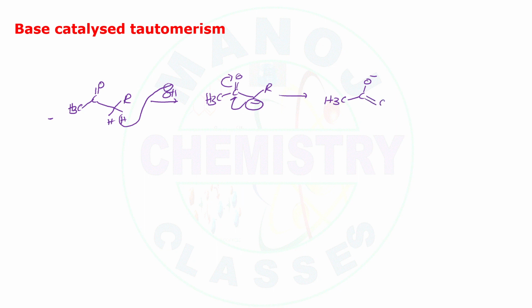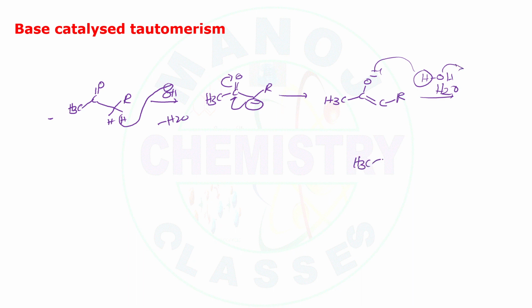Here a double bond will be formed, here R will be there. This proton and OH minus combine to form H2O. That water will be utilized here, and the proton will be transferred here. So this proton attacks here, and OH minus will come out as it is a catalyst.